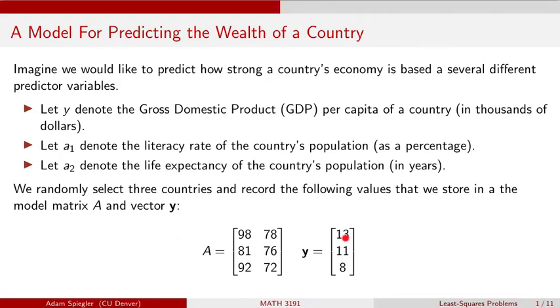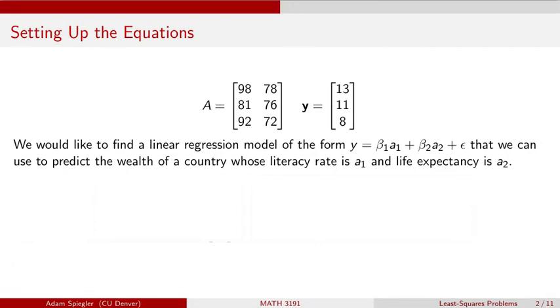So this value for Y corresponds to these 2 inputs. This is country 1, this is country 2, and this is country 3. Okay, so now we have our observed values for literacy rate of 3 different countries, life expectancy of 3 different countries, and their corresponding GDP per capita.